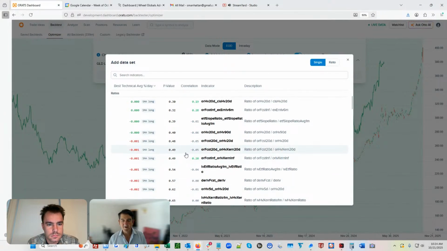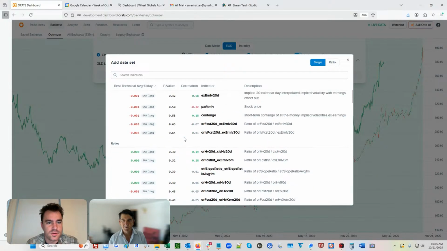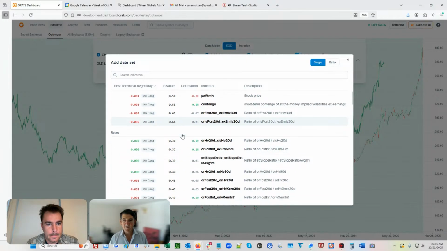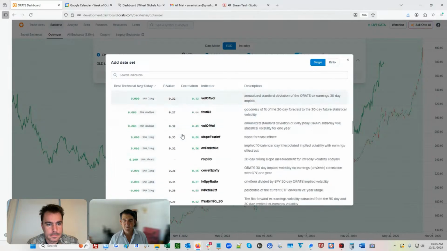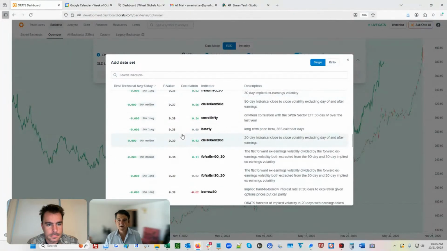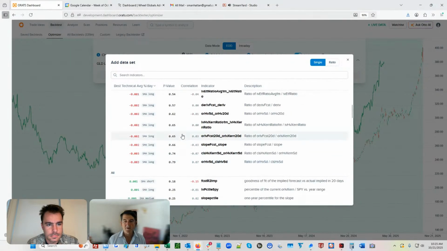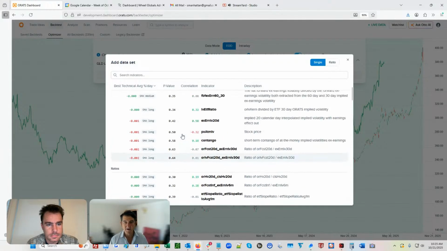Do we have a? You could search for it. Here's an IV6 month. No, that's over. That's just forecast. So I don't think we really have like a ratio that looks like it other than just contango. So we might just say contango here.